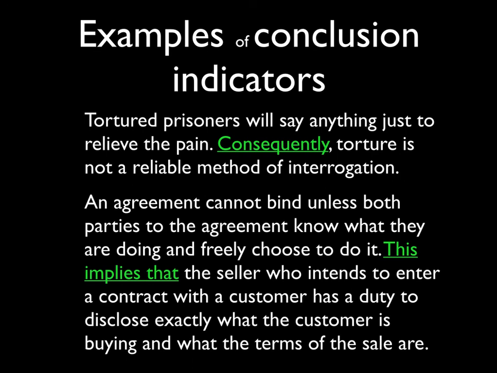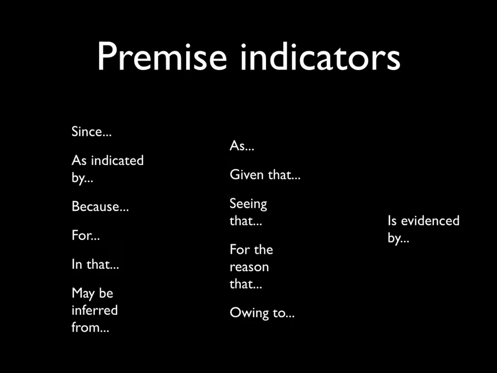Now, in addition to conclusion indicators, we also have premise indicators. Premise indicators tell us that we are looking at reasons. Some examples of premise indicators include since, as indicated by, because, for, in that, may be inferred from, as, given that, seeing that, for the reason that, owing to, is evidenced by.